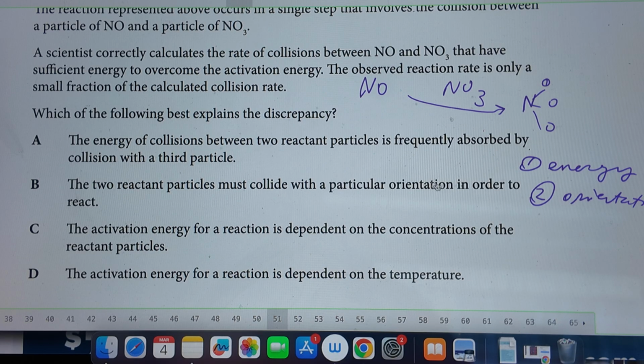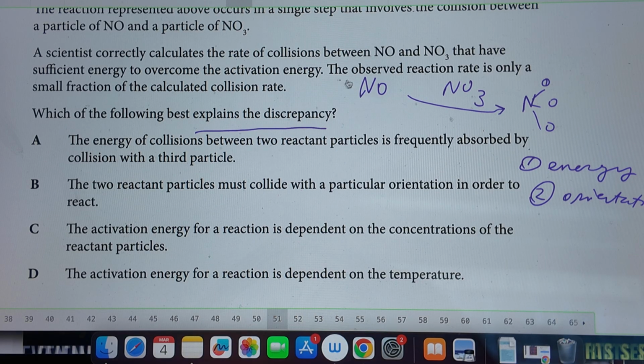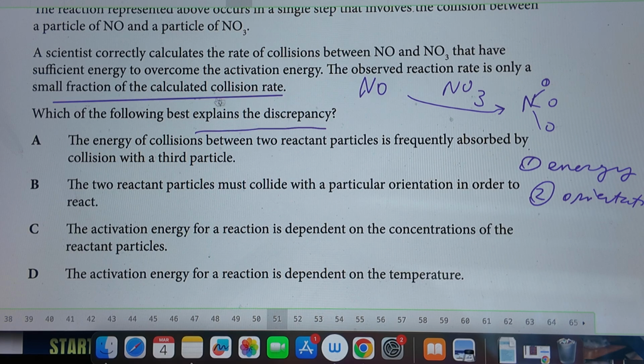But if there's enough time and bouncing around, eventually things will bounce around to the point we can have the reaction. So, the energy of collisions between two reactant particles is frequently absorbed by a collision with a third particle. Yes, that is true. This is why things keep bouncing around. But that doesn't explain the discrepancy, which shows that there are a lot more collisions that happen, but the actual reaction only happens at a small fraction of them.